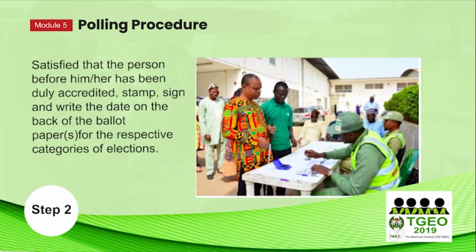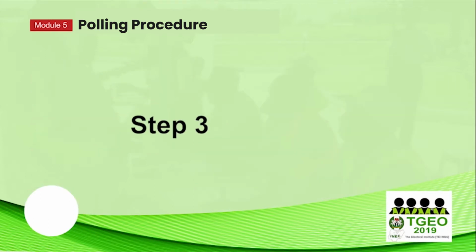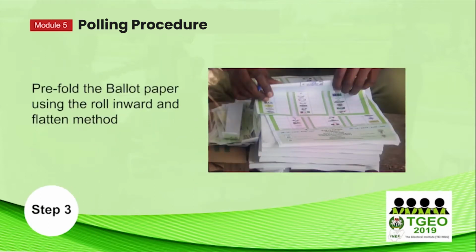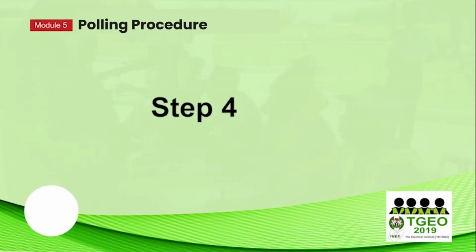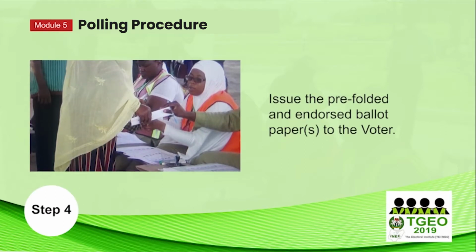Satisfied that the person before him or her has been duly accredited, stamp, sign, and write the date on the back of the ballot papers for the respective categories of election. Step 3. Pre-fold the ballot papers using the roll and flatten method. Step 4. Issue the pre-folded and endorsed ballot papers to the voter.